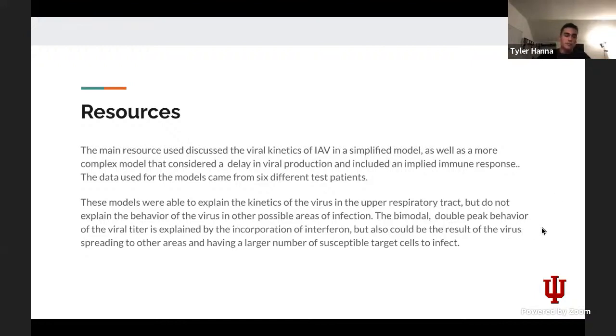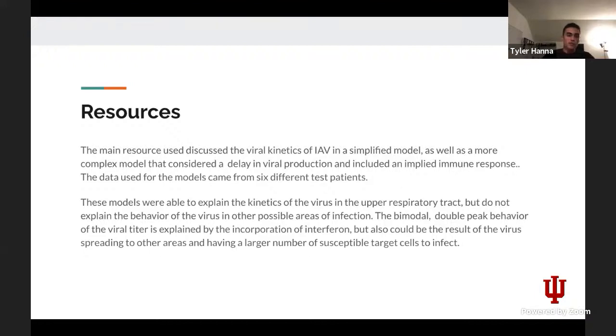But the limitation of this model is that it's mainly stuck in the upper respiratory tract. So the virus could behave differently if it were in the sinuses or in the lower respiratory tract, and so on. And with the actual viral load, it does show a bimodal double peak behavior, and this is explained due to the incorporation of interferon as the model gets more complex.